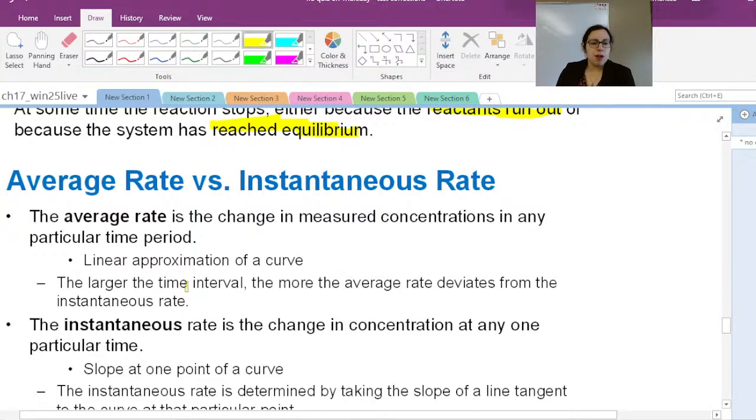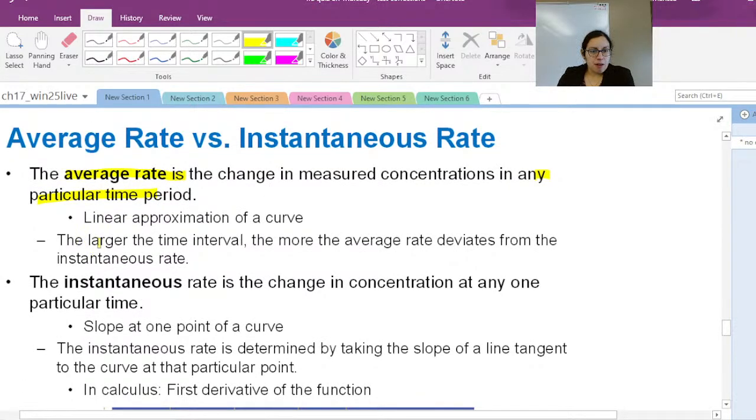This is kind of more basic calculus stuff, so we're not going to do any calculus in here. But you can appreciate that we have our average rate, and that would be over an entire time period. The larger the time interval, the more the average rate deviates from the instantaneous rate.